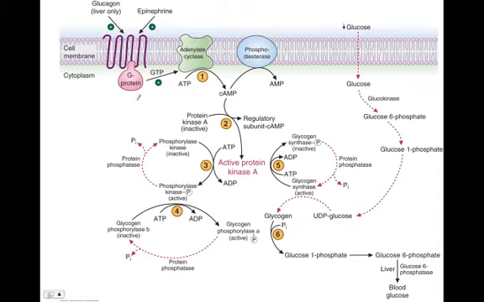Epinephrine can also bind a G protein coupled receptor. In both cases, this activates adenylate cyclase, and cyclic AMP is our second messenger for this cascade. Cyclic AMP activates protein kinase A, which is responsible for phosphorylating and activating our enzymes that are required for the fasted state metabolism.